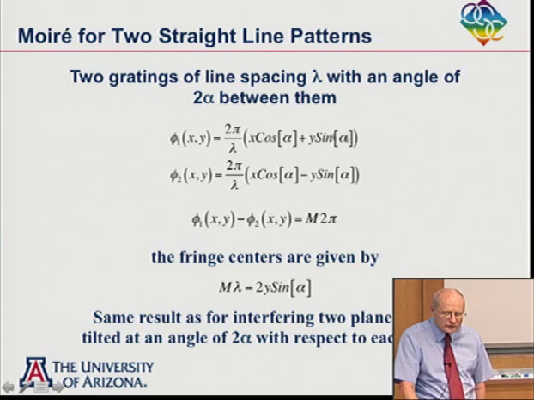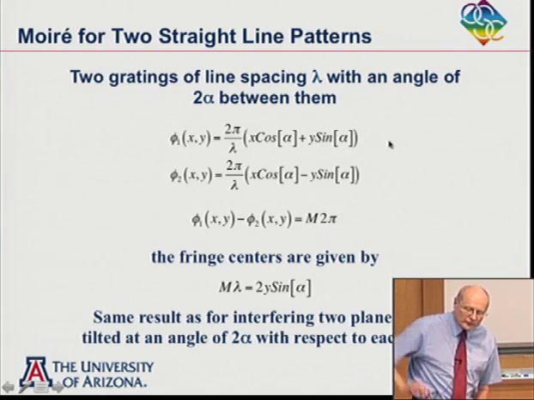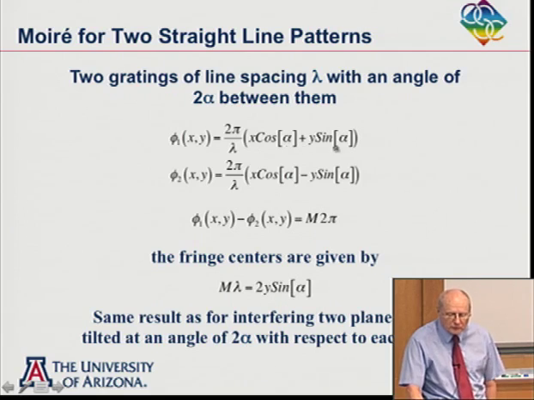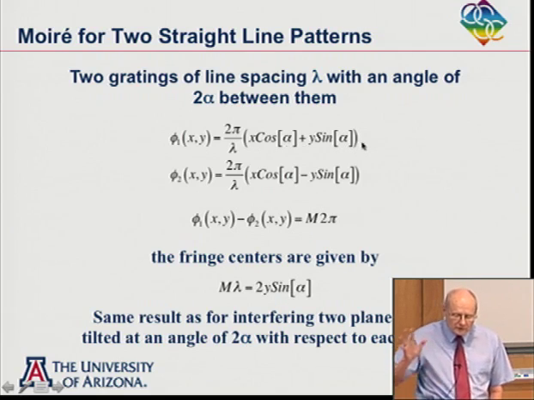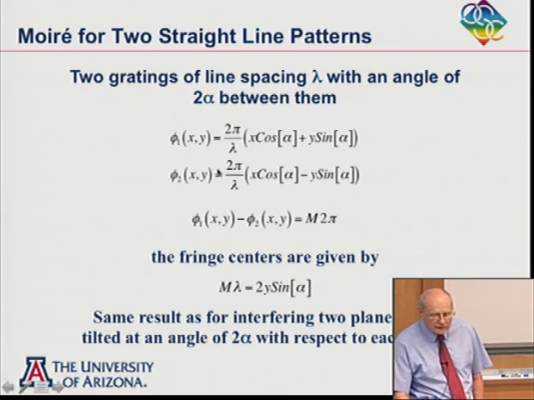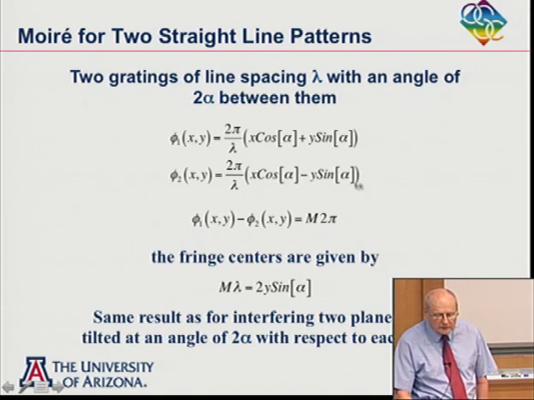So one of these functions I could write as 2 pi over lambda times x cosine alpha plus y sine alpha. So it's just straight lines tilted an angle alpha. And the second one is the same thing, same spacing lambda, but the tilt's in the opposite direction. Alpha becomes minus alpha. So I have x cosine alpha minus y sine alpha.